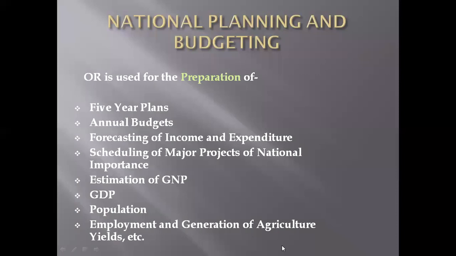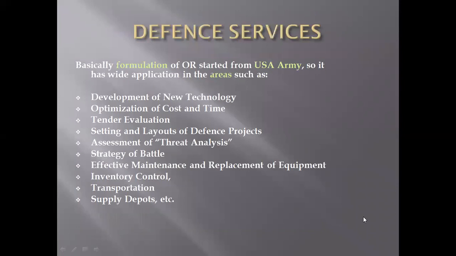If the population has increased and a similar employment ratio is followed, then in the coming years the unemployment rate will increase very much. So instead of such conditions happening, employment generation also plays a major important role, and that will also be planned and budgeted. Next, in depth to the second criteria, that is defense services.